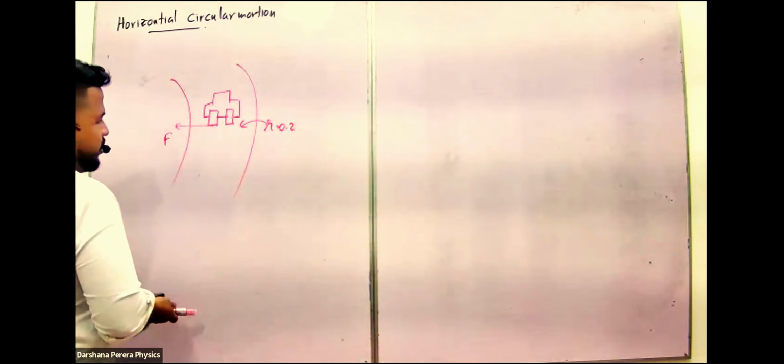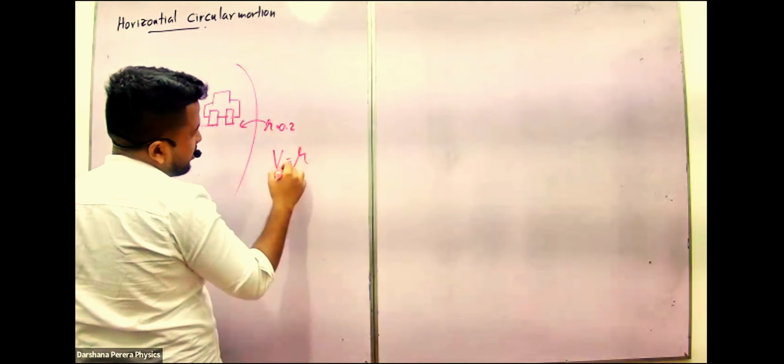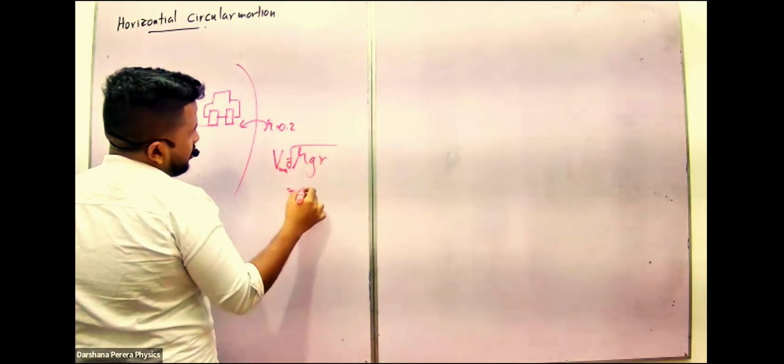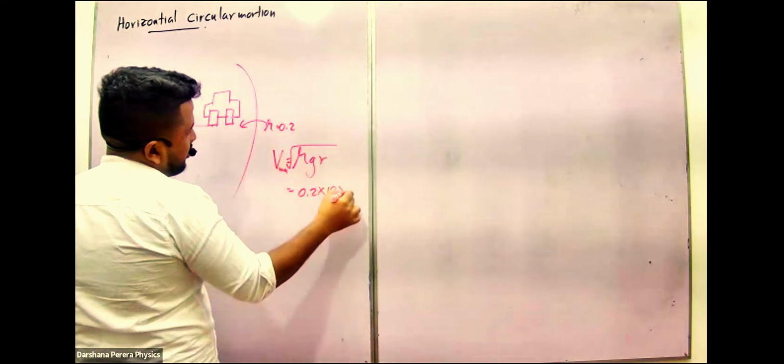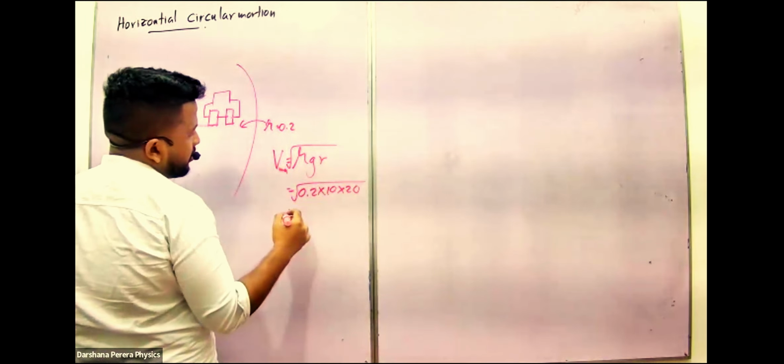We can apply V equals root of mu g r. But we have to memorize Vmax equals root of mu g r. Mu is 0.2, g is 10 and r is 20.